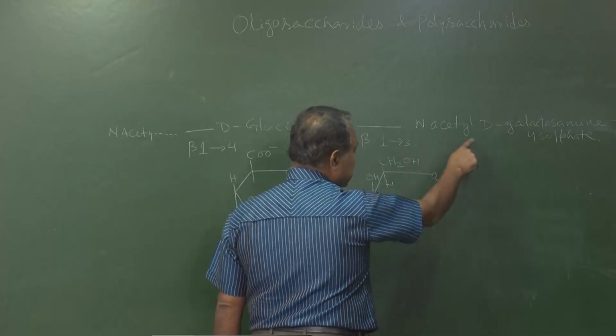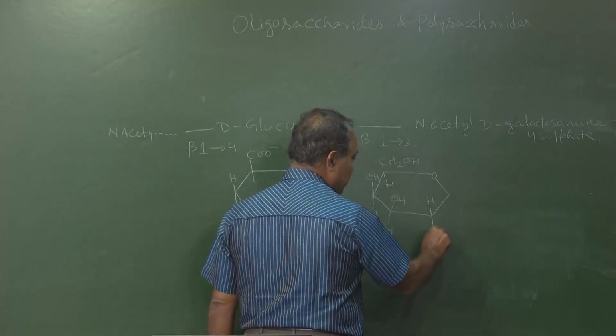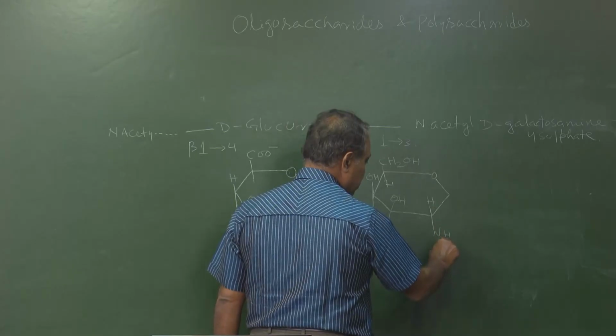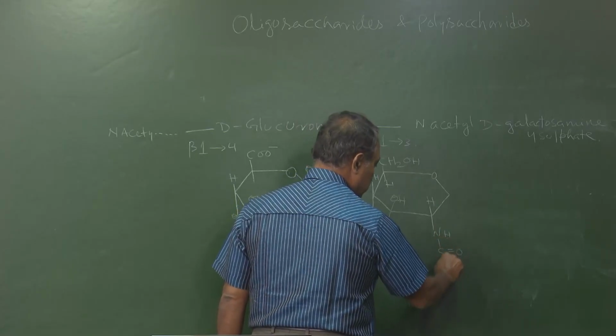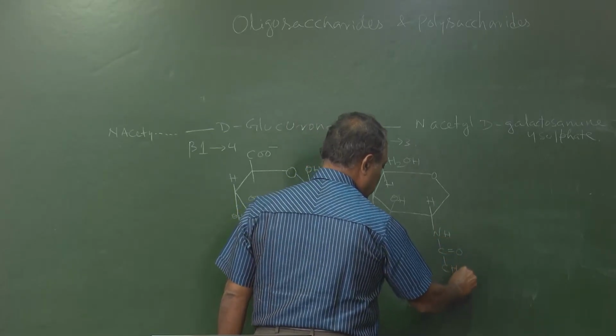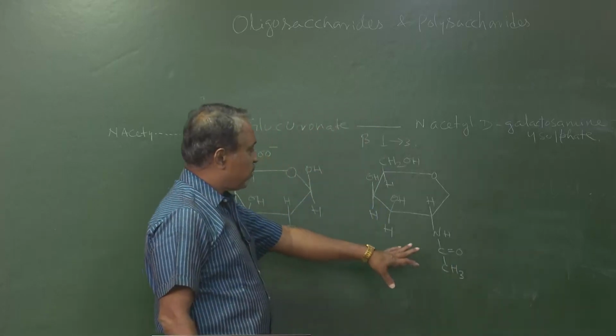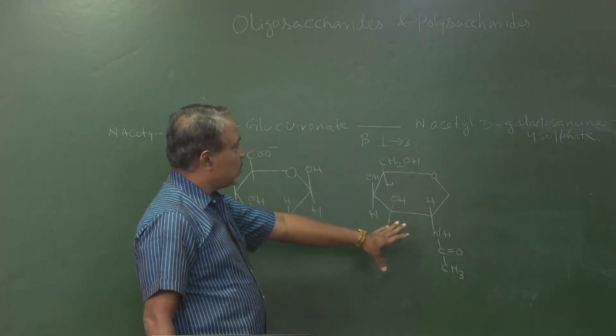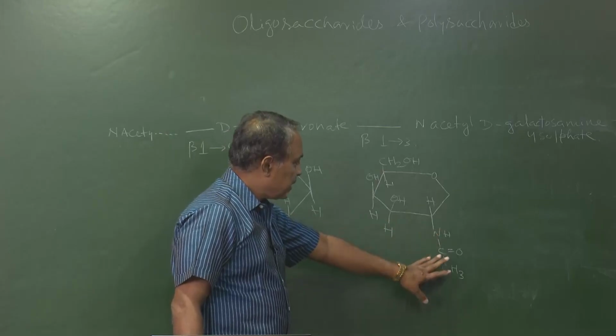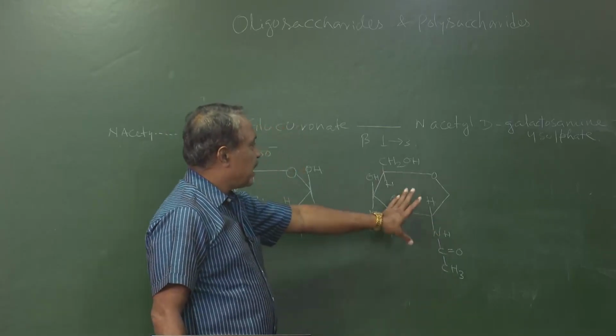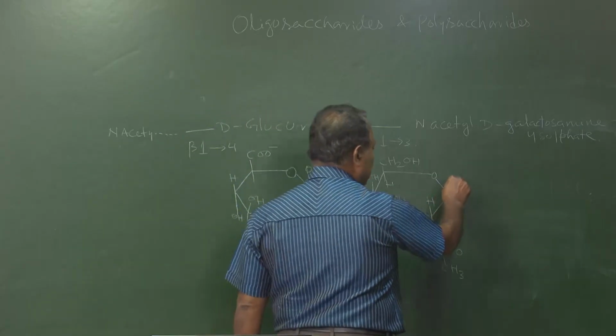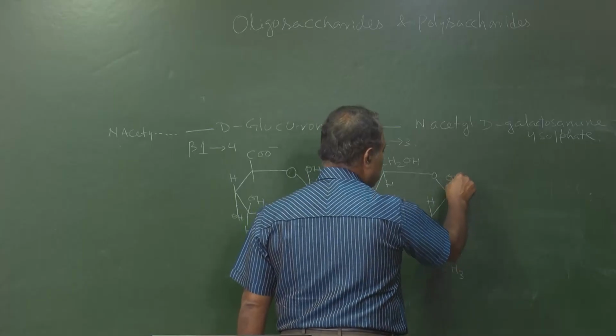Now it is N-acetyl, so at the second carbon atom, NH, C double bond O, CH3. So this is your N-acetyl, then this is galactosamine. Now this is again beta, so OH is here.